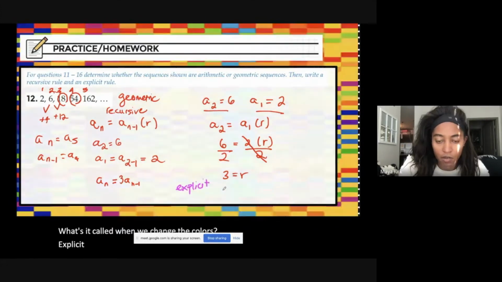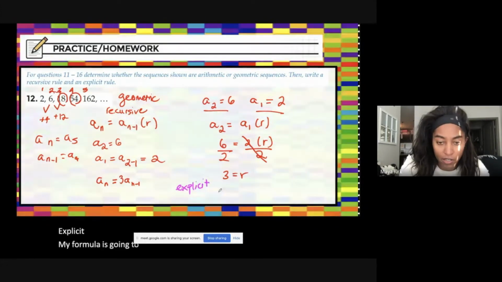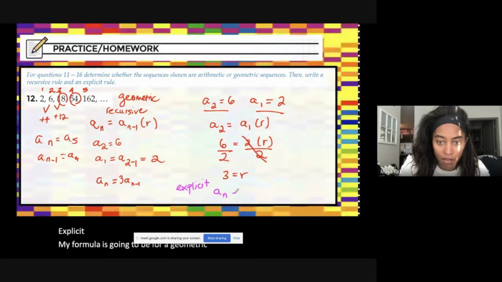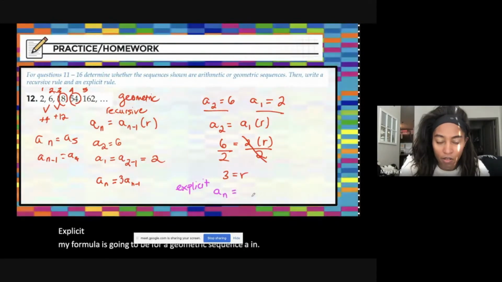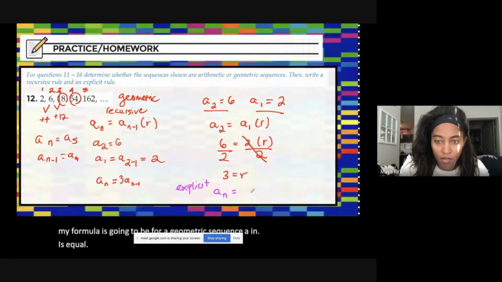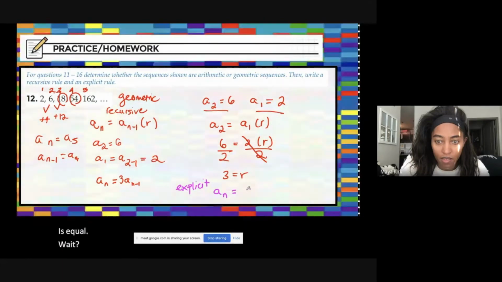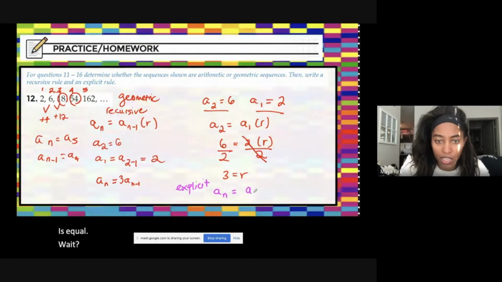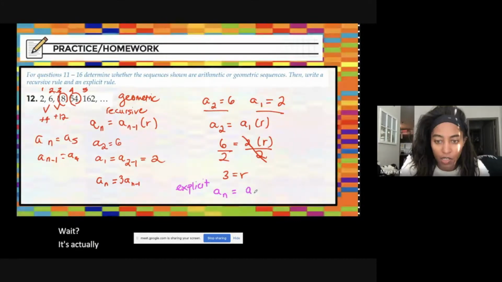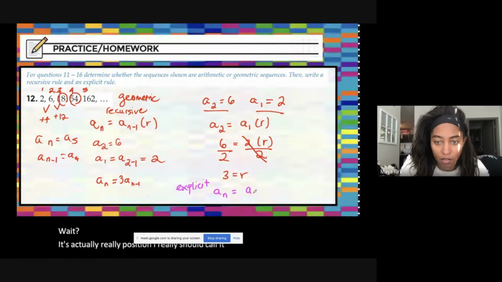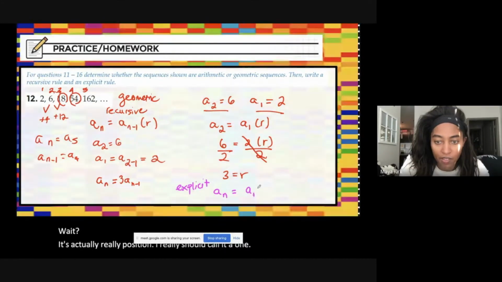my formula is going to be, for a geometric sequence, AN is equal to, wait, it's actually really, for this, I really should call it A1. I should go back and fix that.